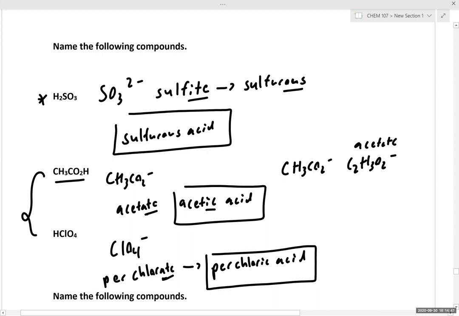And from the base name acetate, for the polyatomic acid, you change the ending from ATE to IC. Does that make sense? Yeah, but my question is, is this on the polyatomic chart that we have? Yeah, it is. Okay, thank you. Any other questions that I can address?